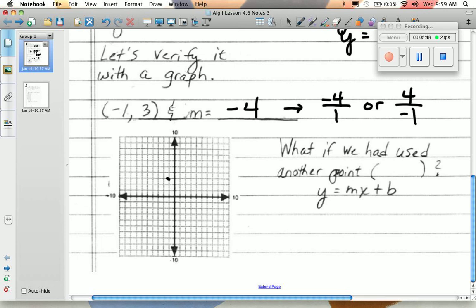So one of them has to be negative. So from that, let's make 2 more points. So up 4 and over 1 to the left, or down 4 and over 1 to the right. Well, looky there. Where are we?